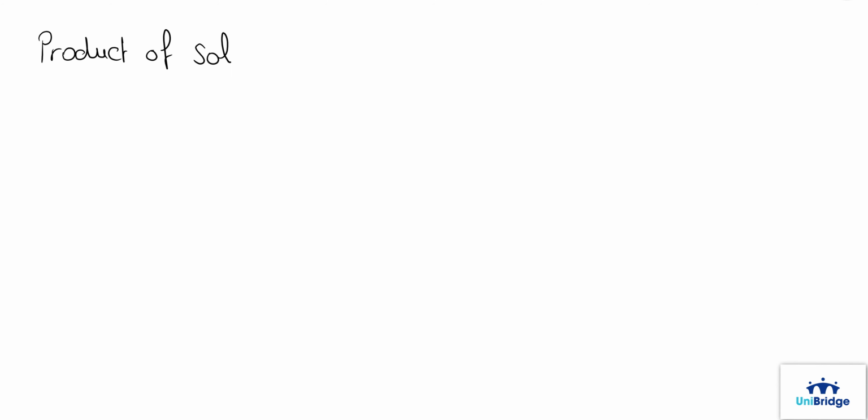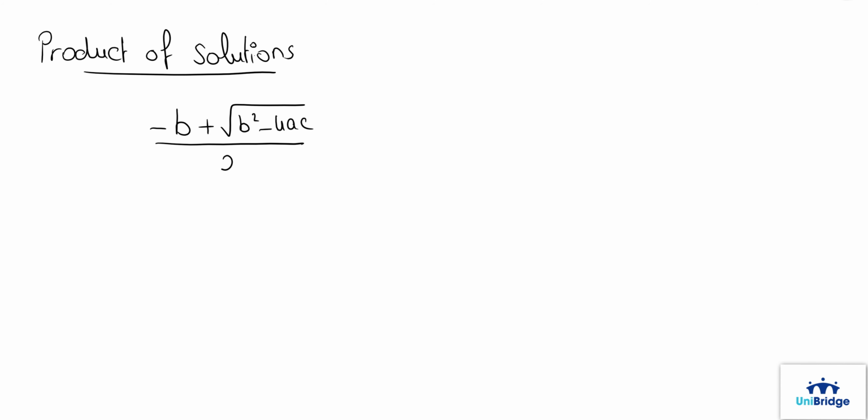Product, again, means you multiply. So if these are my solutions and you multiply them together, this will be a little bit more advanced mathematically, but you just need the final form.